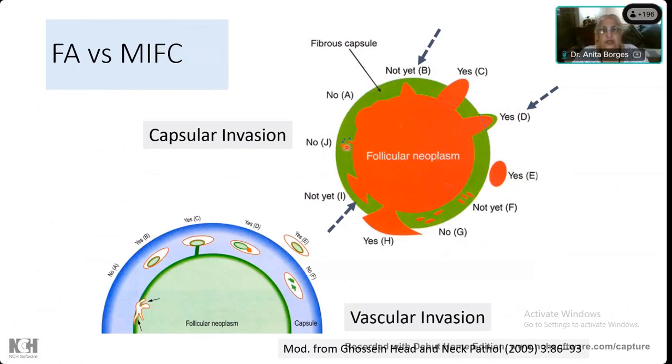Now he drew this nodule, which is the orange-colored or red-colored neoplasm, and there is this green thick capsule. And he has shown, as for instance, H is down here. And this is classical capsular invasion. And that's why he has said yes. So H is yes for capsular invasion.